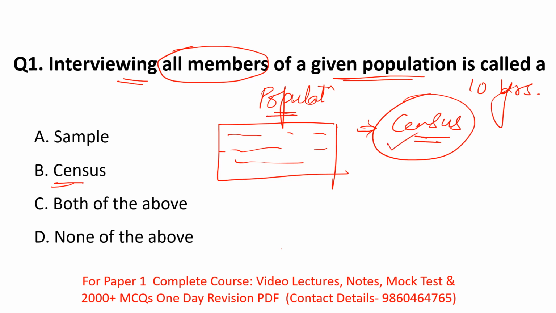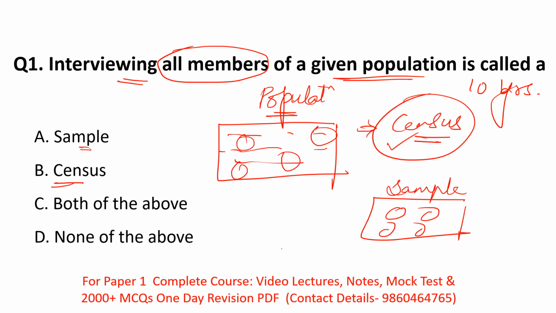Whereas option A here is sample. What does sample mean? If you are selecting 4 to 5 people from your population and interviewing them, then it is known as sample.